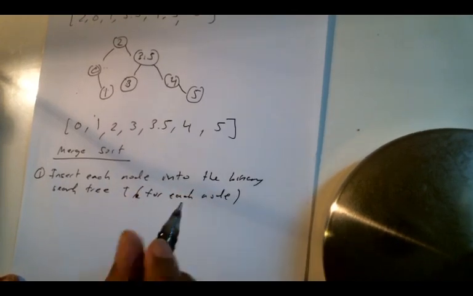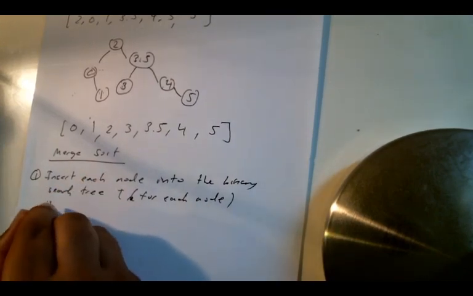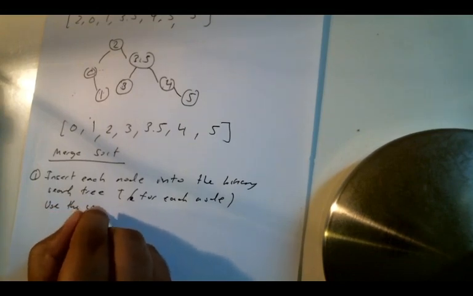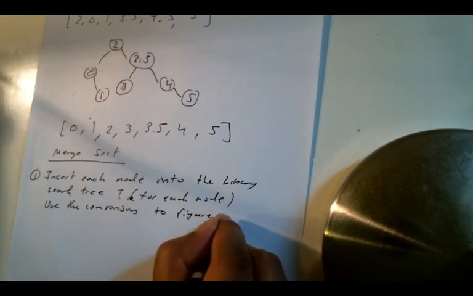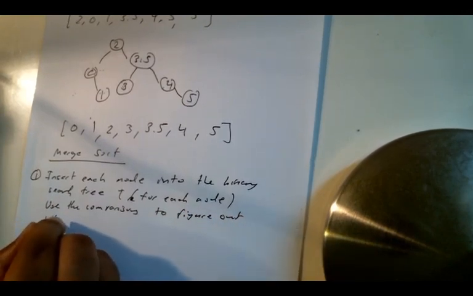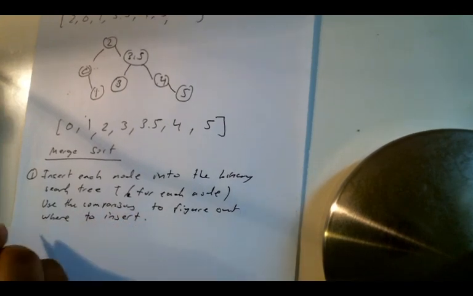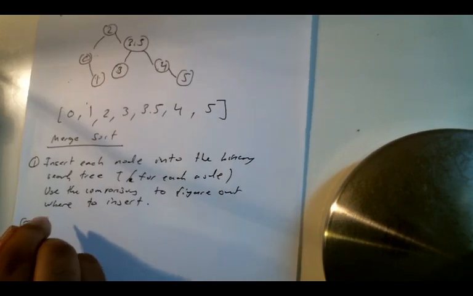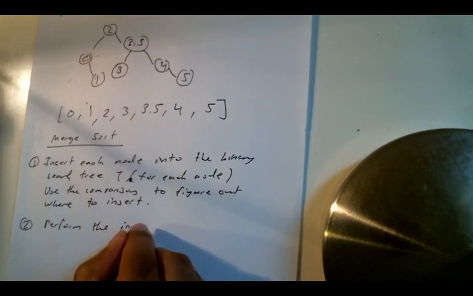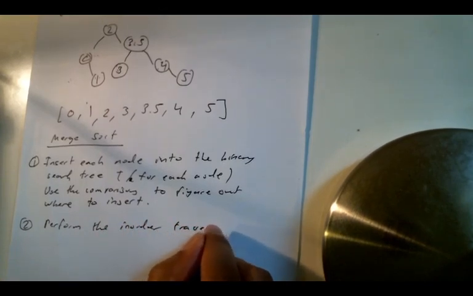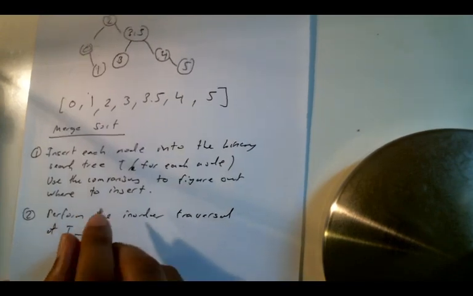We insert that node into the binary search tree, and we use the comparisons to figure out where to insert. Okay, and step 2 is perform the in-order traversal of T, and that gives us the sorted array.